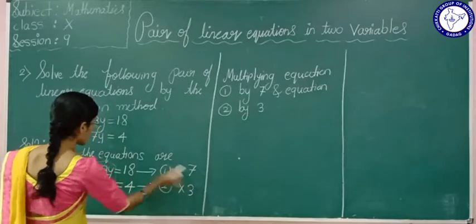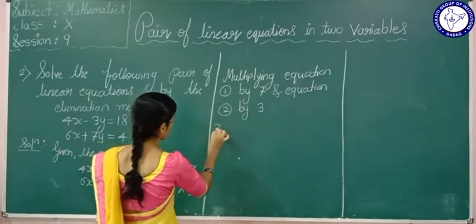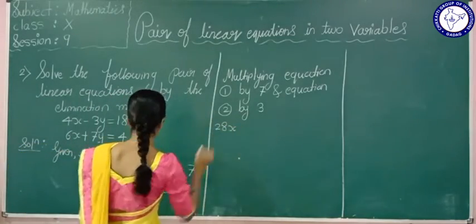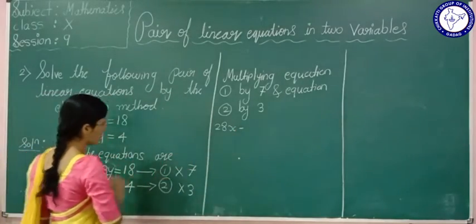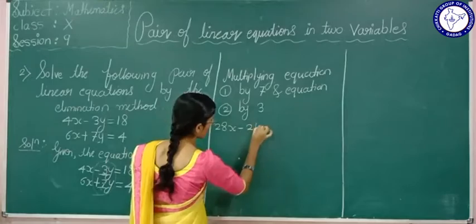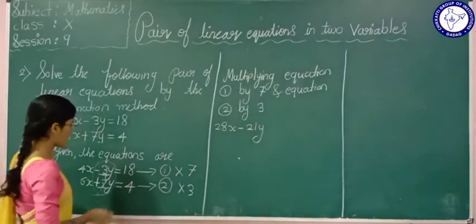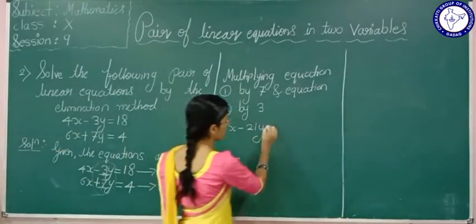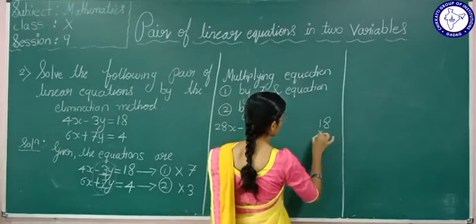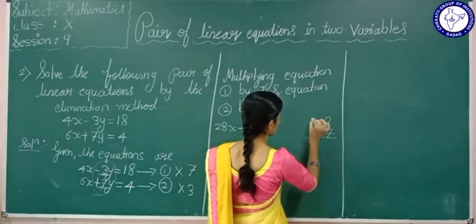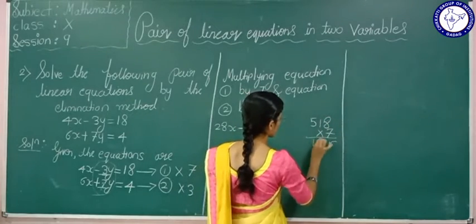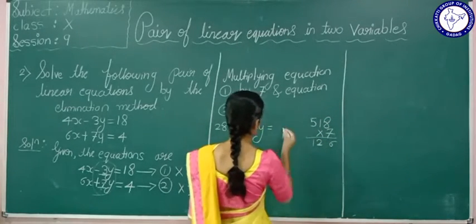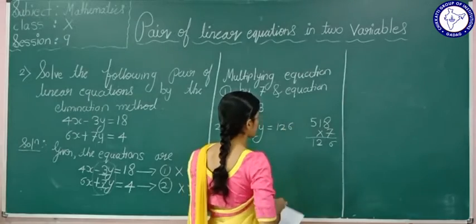Now see, 7 4s are 28x minus 7 3s are 21y is equal to 18 7s, how much, students? 8 7s is 56, 1 7s are 7, 7 plus 5 is 12. It will be 126.